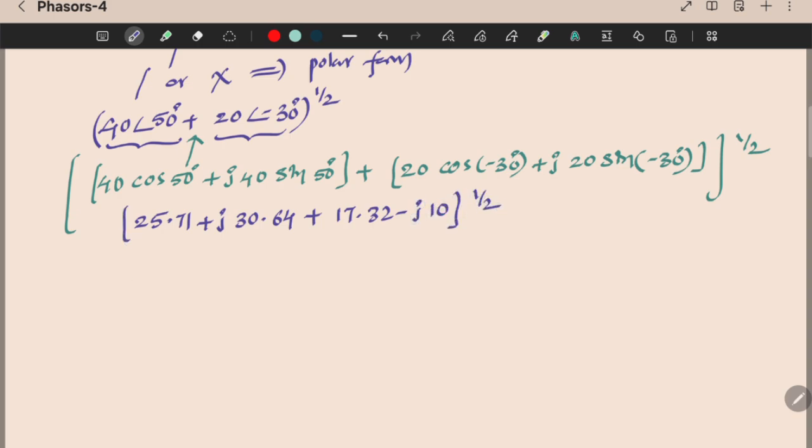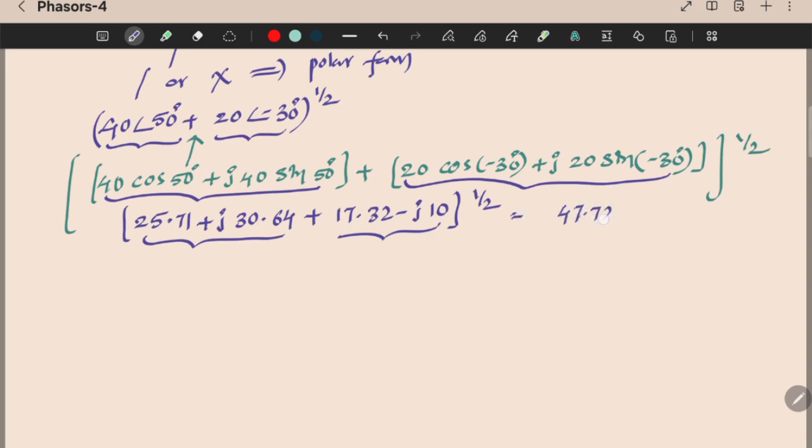Now in place of the first part you got this, and in place of the second you have written this. Now 25.71 and 17.32 can be added conveniently, so you will get 47.72? Then it is 30 minus 10, that means plus j 20.64.